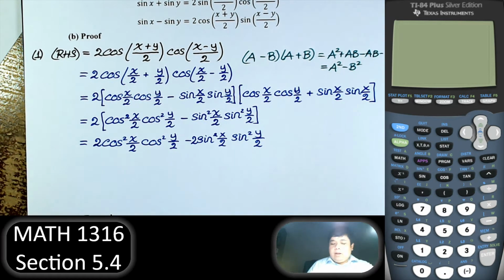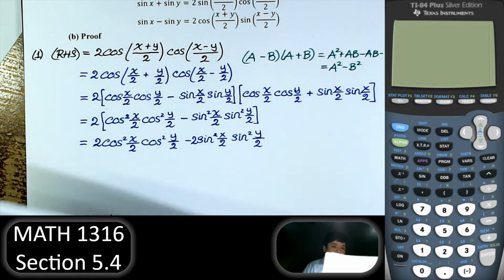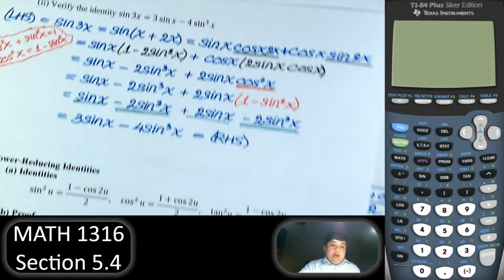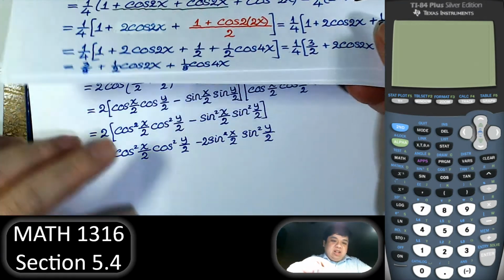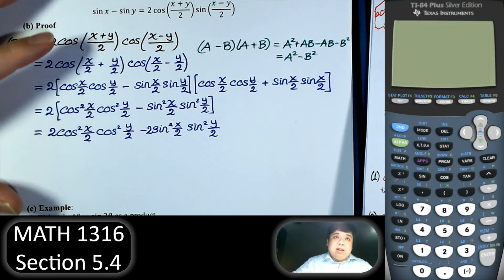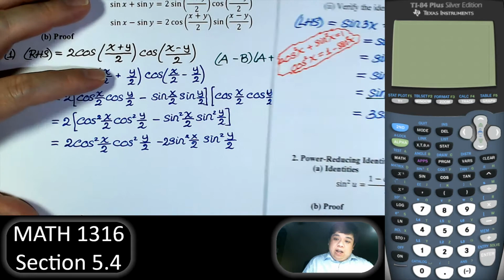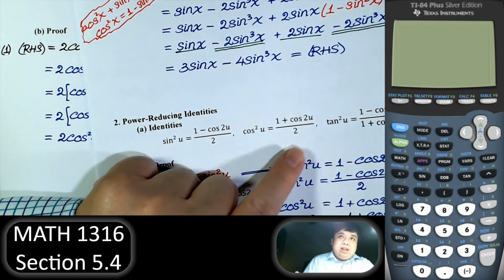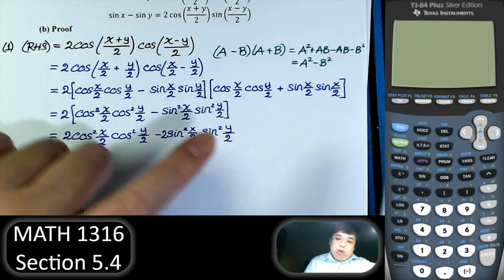Right. Next, what we do is use the power reducing identities. Actually, this is a lot more complicated than I thought, but there's certainly a way to do that. Good review. So for cosine square, we can do that, and for sine square, we do the same thing, right?